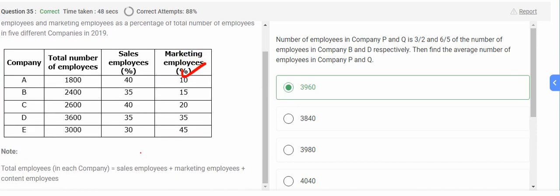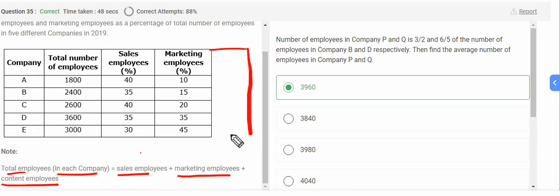Okay, what else have we been given in the question? There is another note. It says the total employees in each company equals sales employees plus marketing employees plus content employees. This is not given here, so we need to make another table. So there will be content employees. Say for example, how do we find the content employees of company A? It is itself 100% composition.